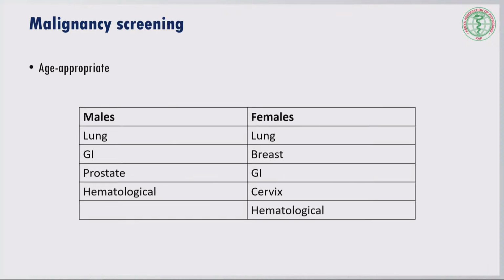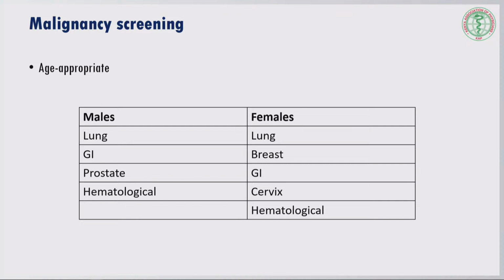For malignancies, for the males, we assess for lung malignancies, and that's done by a basic chest X-ray. And that's really mostly enough for most patients, unless something comes up. For GI malignancies, a colonoscopy would usually suffice, and an ultrasound of the abdomen is what we do.